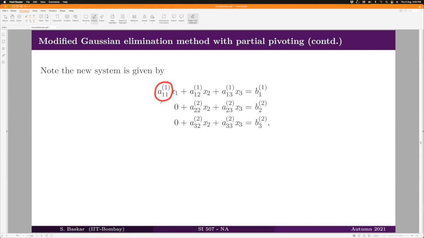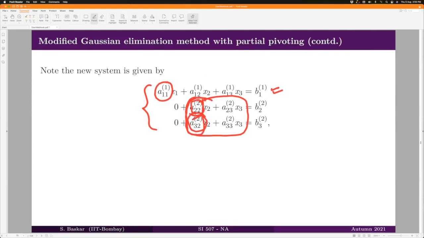Once you do that, all the rest of the steps are the same, and we get the first level of elimination. Now you have to do the second level of elimination with this part of the system, where the first equation is kept unchanged, and we have to deal with these coefficients now. Therefore, you again find the maximum of these two.